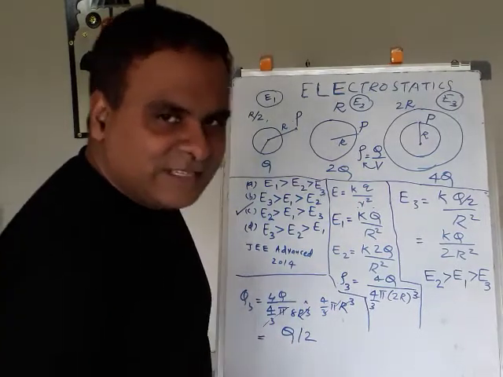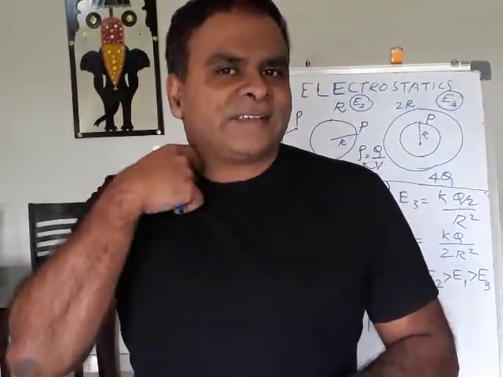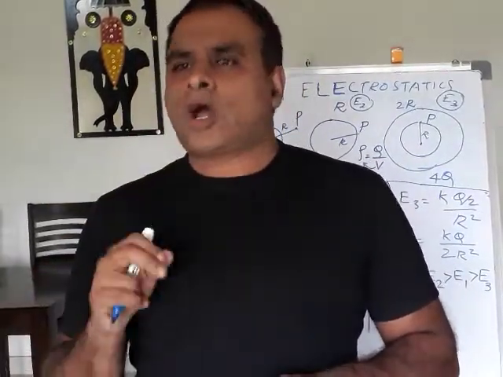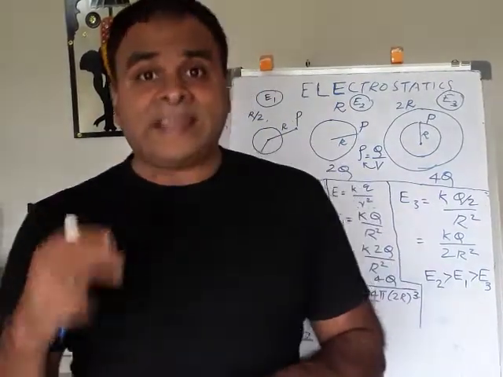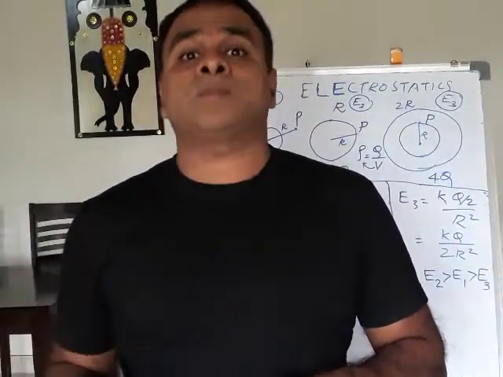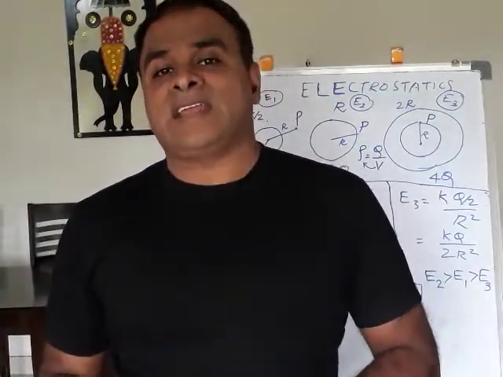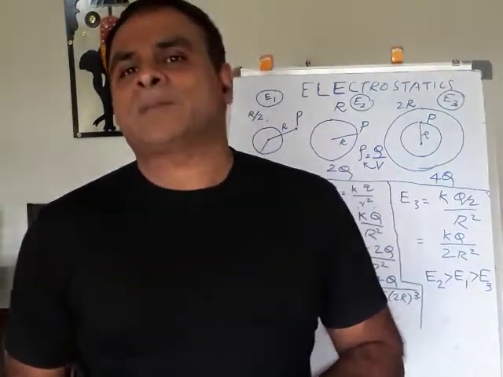So you understood this. Again I am summarizing some points you can remember. A dielectric is a substance. It's an insulator, but its charges are polarized when an electric field is applied.